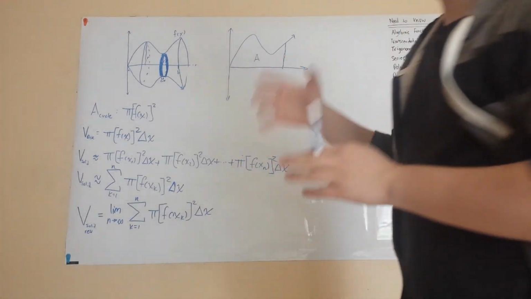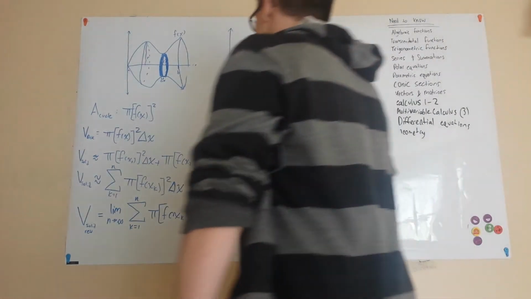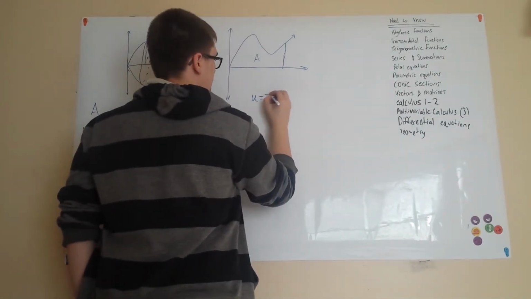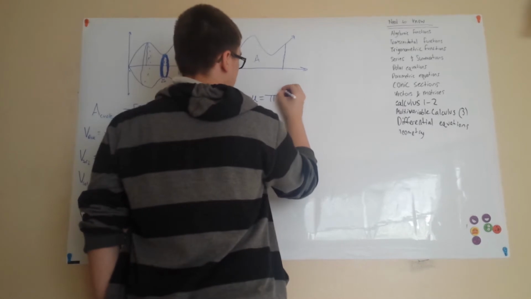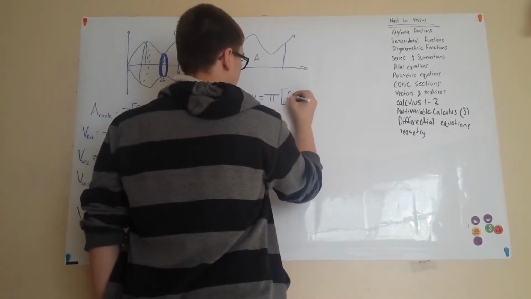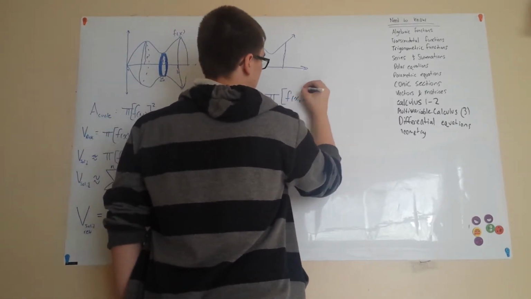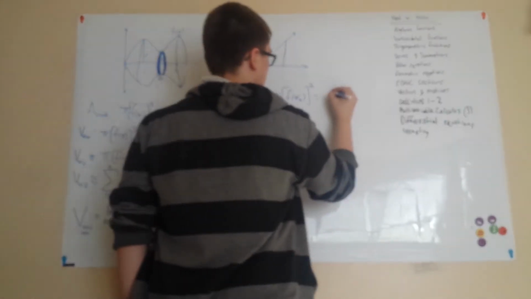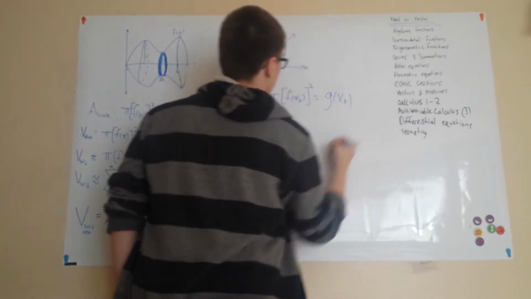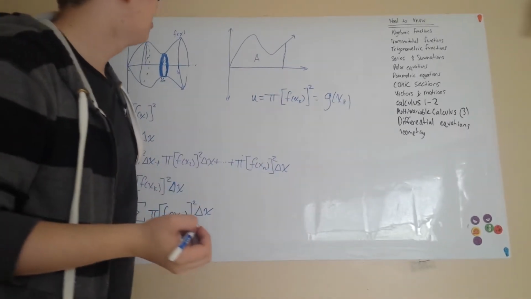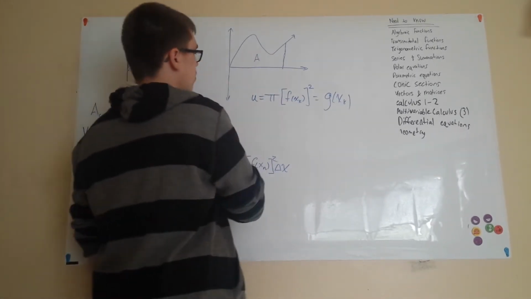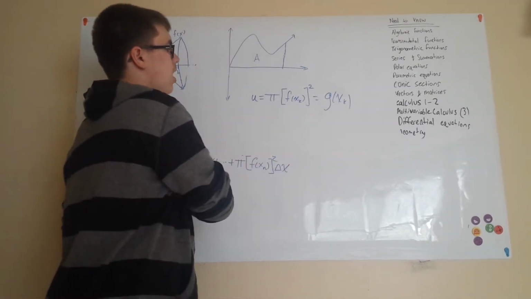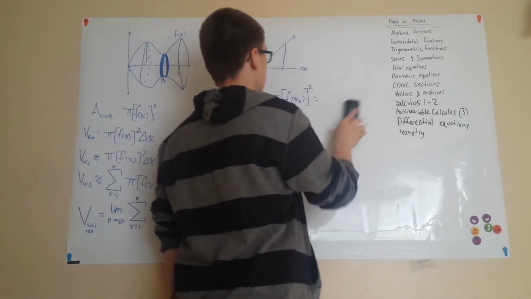So if I let u equal pi times f of x sub k squared equal some g of x sub k, is that okay?